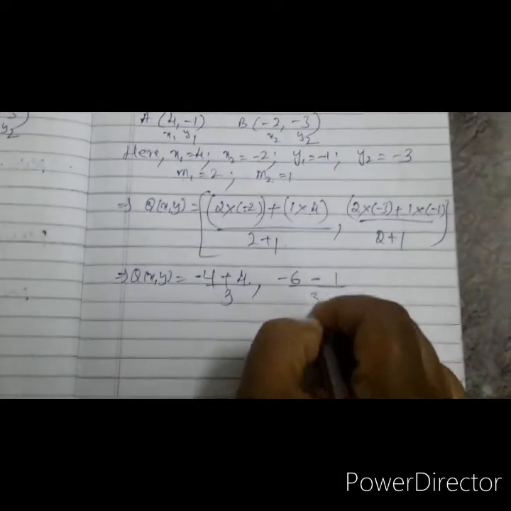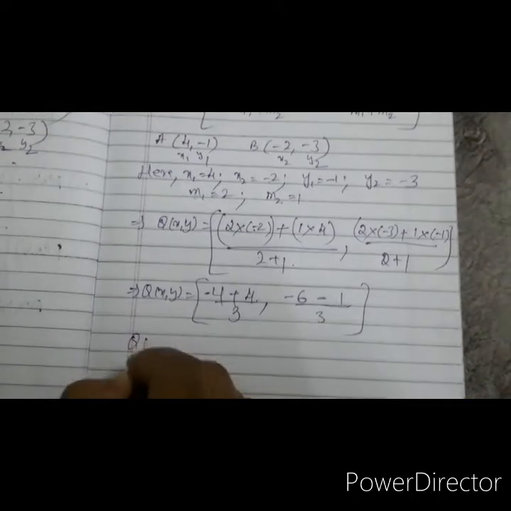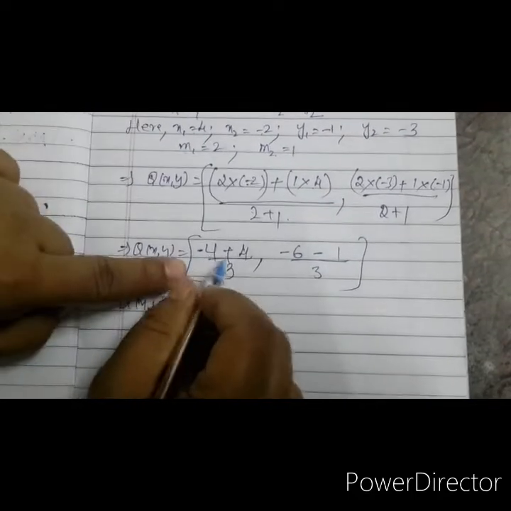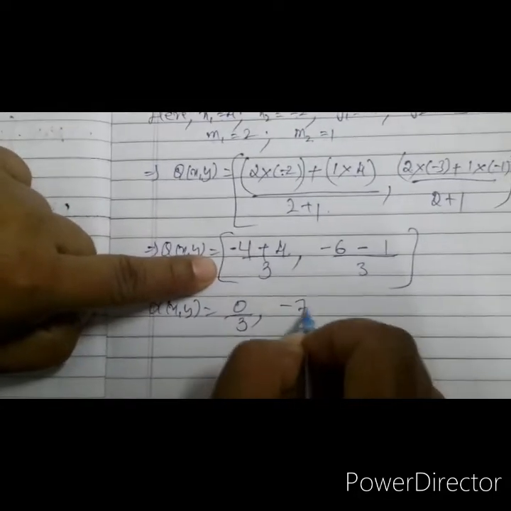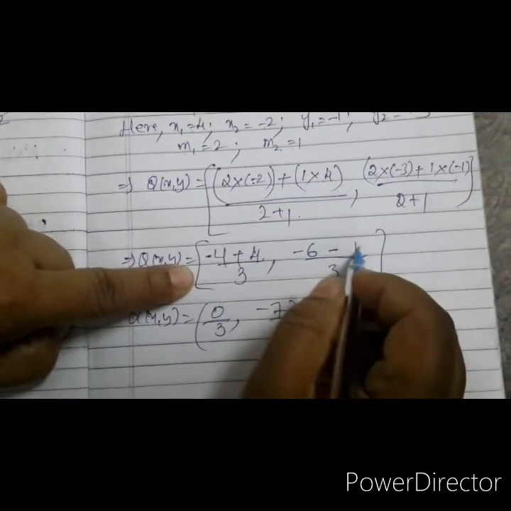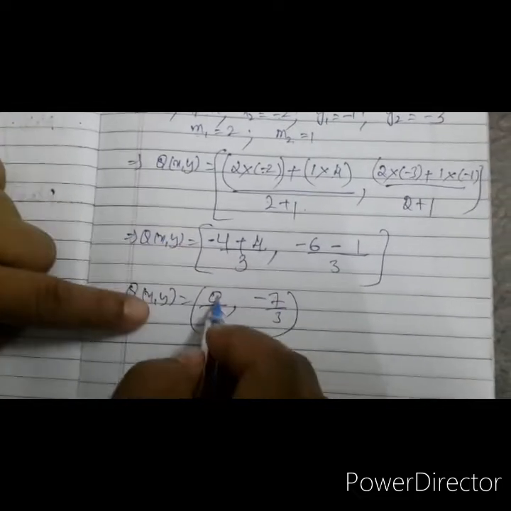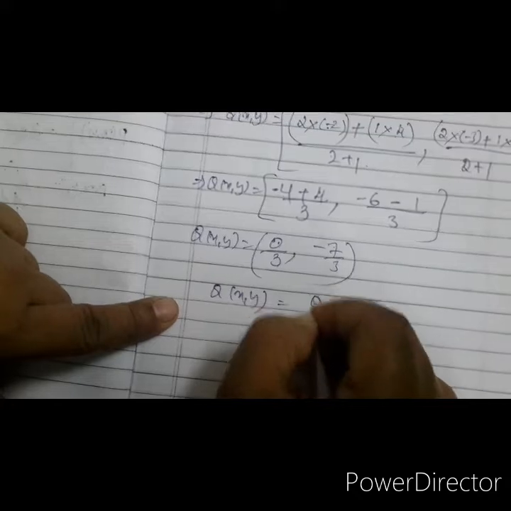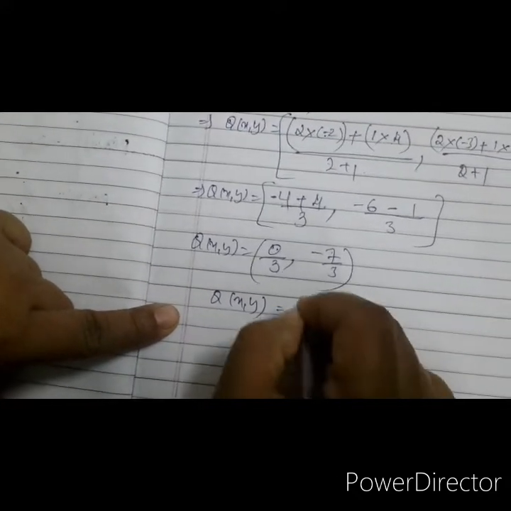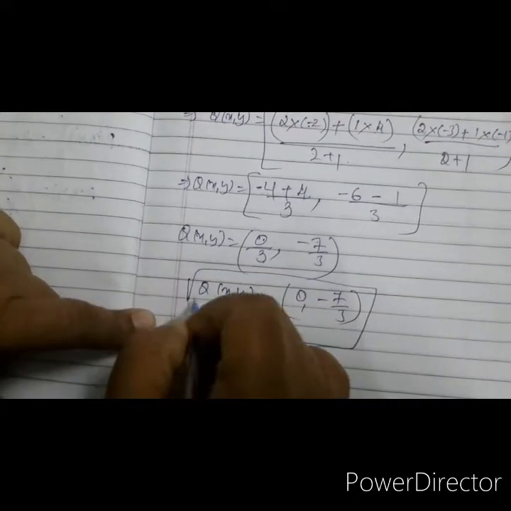Minus 1 1s are 1, by 3. You can see here, minus 4 plus 4 is nothing but 0. 0 divided by 3, and minus 7 by 3. You have to add and give the bigger number's sign. 0 by 3 is nothing but 0. Now our coordinates are (0, -7/3). This is this one. Fine.